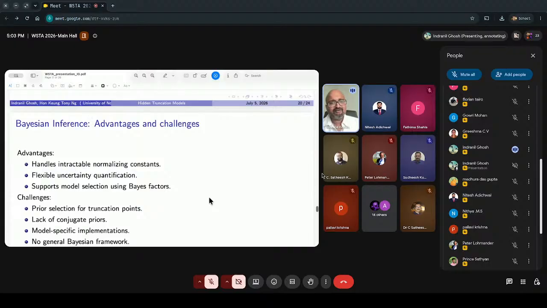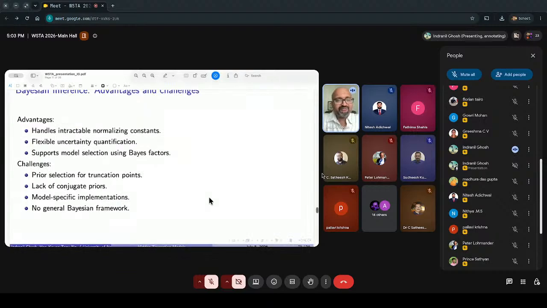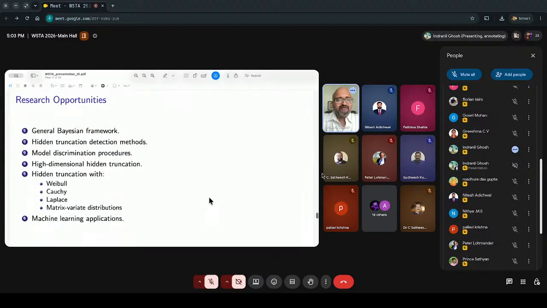There is a lack of conjugate priors and model specific implementation, but to some extent you can handle intractable normalizing constants, because in Bayesian analysis we do not necessarily need that normalizing constant. So that's another plus point. But there is no general Bayesian framework.